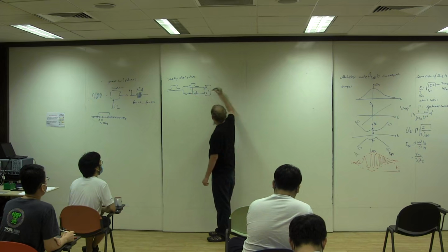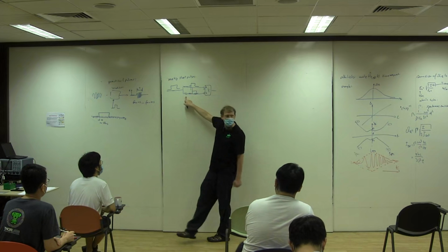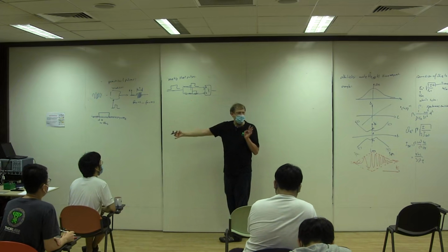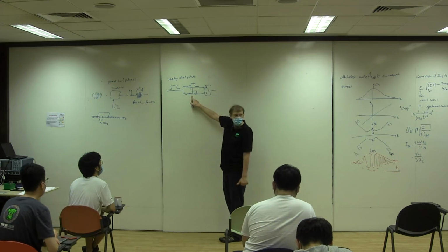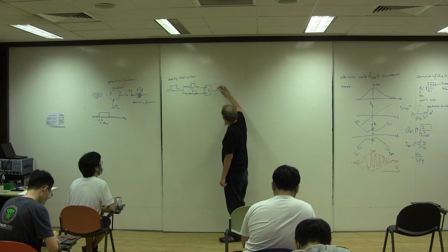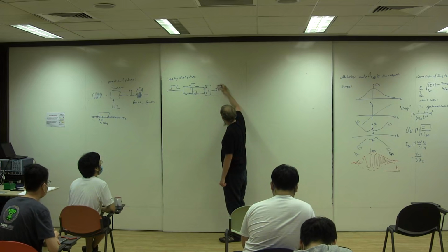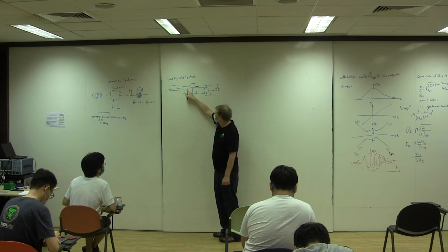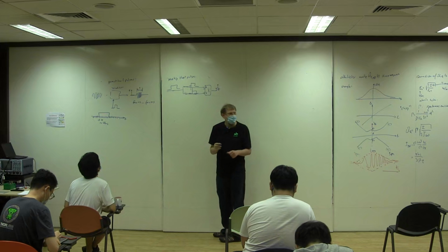By playing with this delay, you can force a relatively long pulse to give a relatively short feature. You end up with a time width that corresponds to the difference between that pulse and that pulse here.